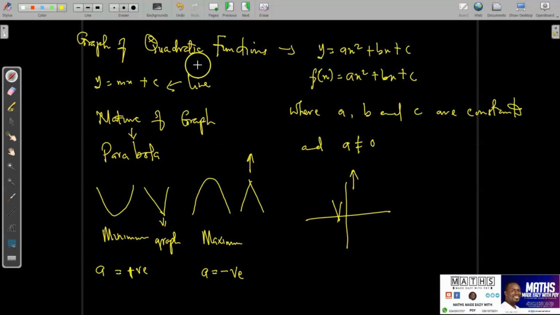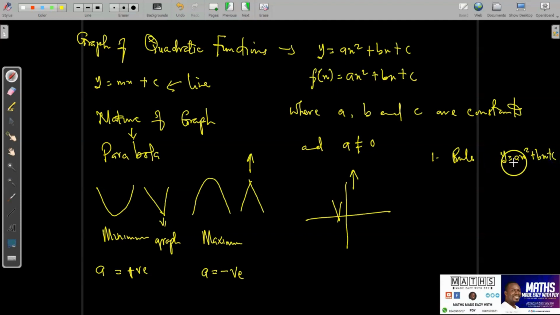When you are asked to draw the graph of functions, you need to note some points to consider before you start drawing. Number one, you need to know your rule, as we had a fair idea when we were drawing the graph of linear functions. Your rule must always be stated as y equals ax squared plus bx plus c.